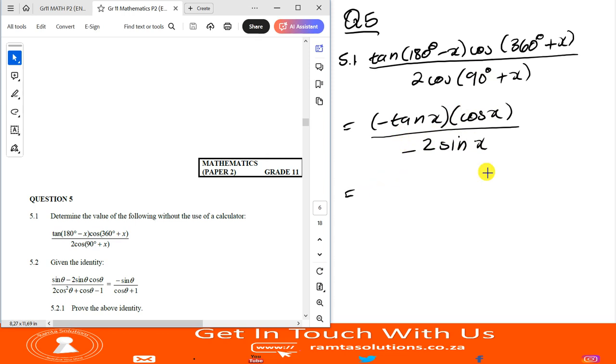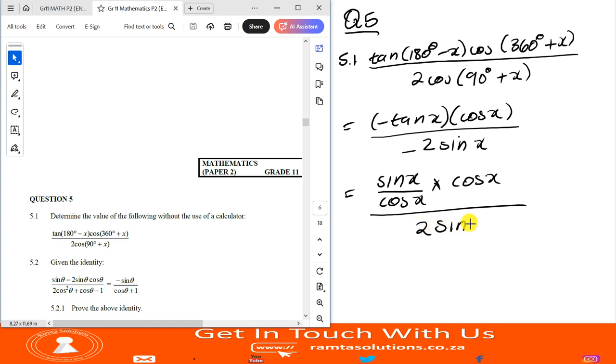We know that tan x is sine x over cos x. So sine x over cos x multiplied by cos x, all over 2 sine x.